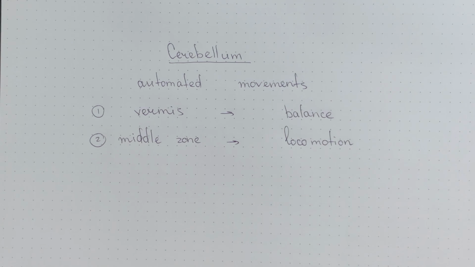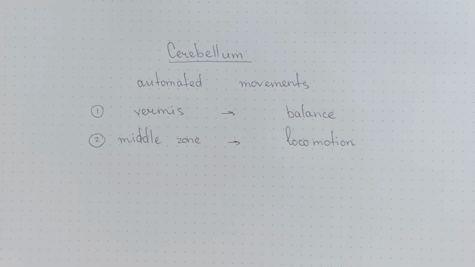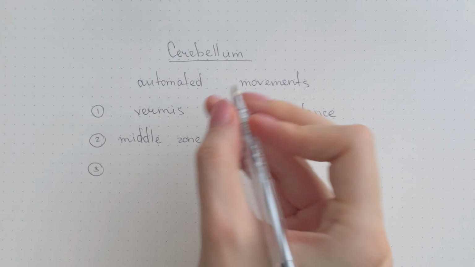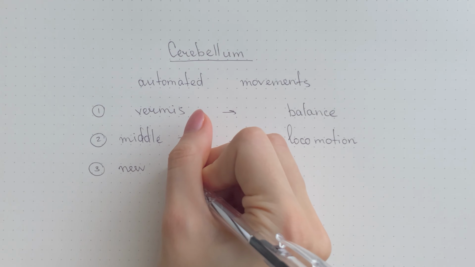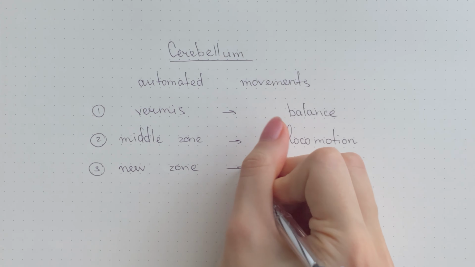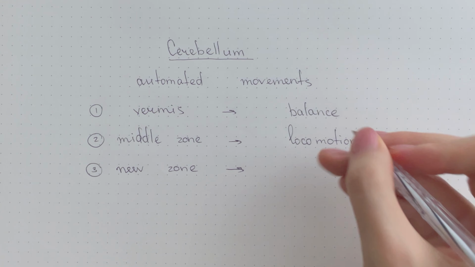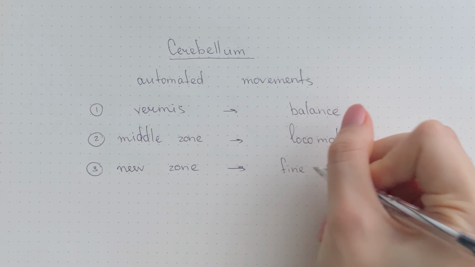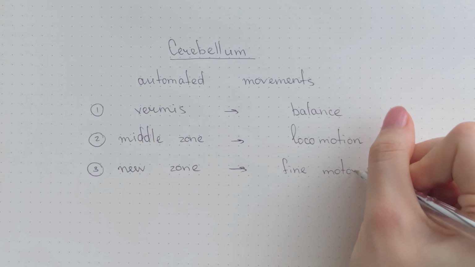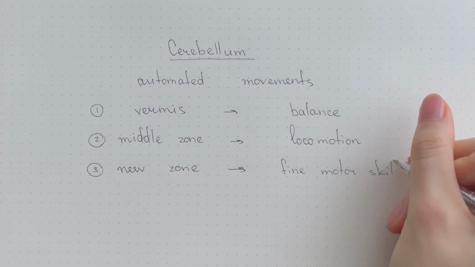The outer part of the cerebellum, the outer region of the hemispheres, is often called the new part because evolutionarily it appeared later than the others. It is responsible for movements that, in a developed form, are characteristic only of humans: fine motor skills of the fingers and speech.